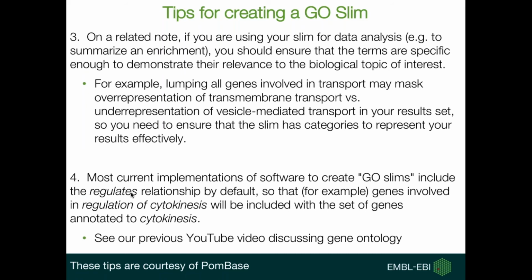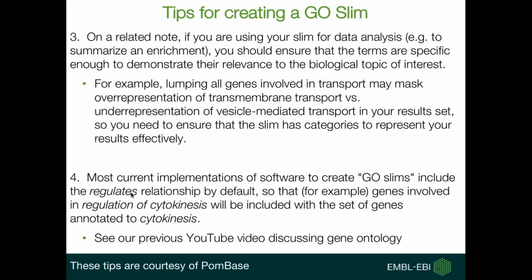So on a related note, if you're using your SLIM for data analysis to summarize, like let's say you did term enrichment, you should ensure that the terms are specific enough to demonstrate the relevance of the biological topic of interest. So for example, PomBase gives us the example of lumping all genes involved in transport. This may mask the overrepresentation of transmembrane transport versus the underrepresentation of vesicle-mediated transport in your results set.